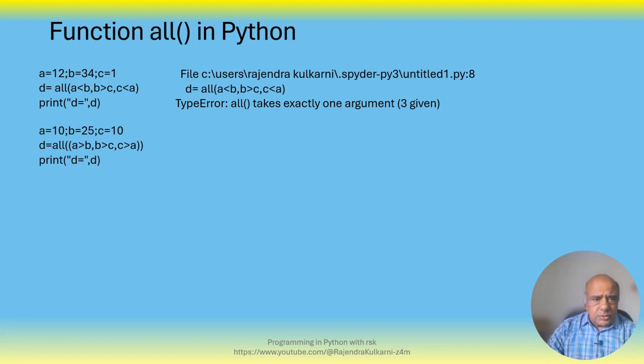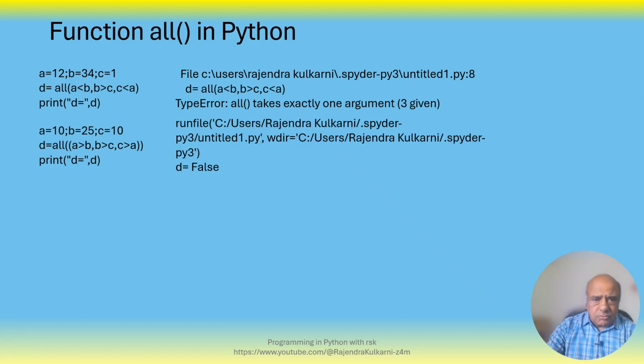What we do is, all these three expressions, A greater than B, B greater than C, C less than A, all separated by comma, are enclosed in one bracket or parenthesis, and the whole parenthesis is then forming the argument, which is one single argument for the function all.